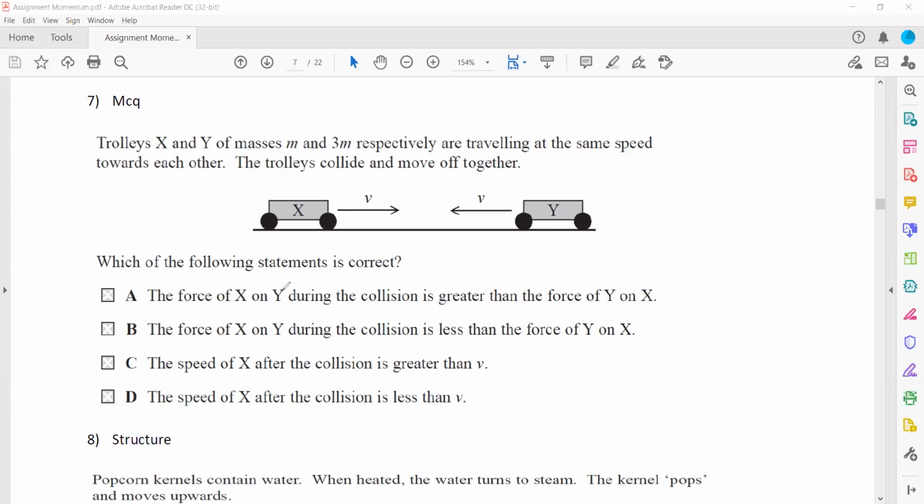The first two statements cannot be right. Why? Because when objects collide, according to Newton's third law, forces always act in pairs.